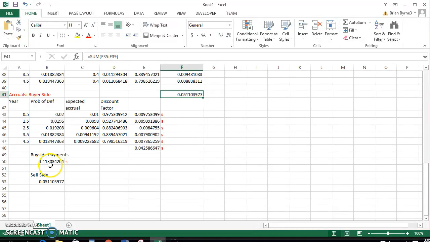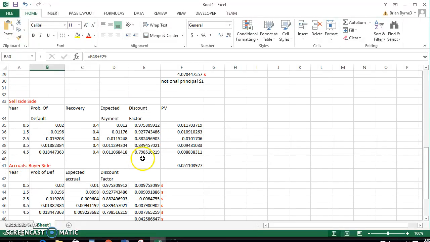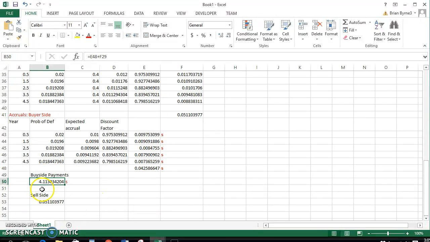And the sell side is going to pay, when we adjust for probability of default and so on, and present value of the time value, the seller is, although the buyer is pre-committing to pay 5S, in economic terms they're only going to pay 4.11 S.